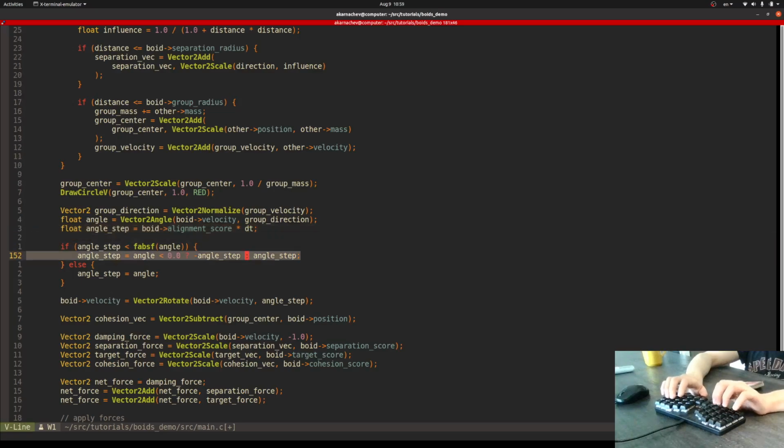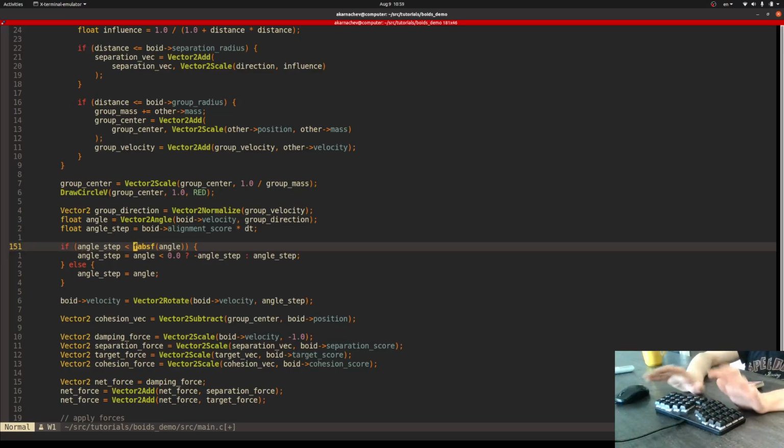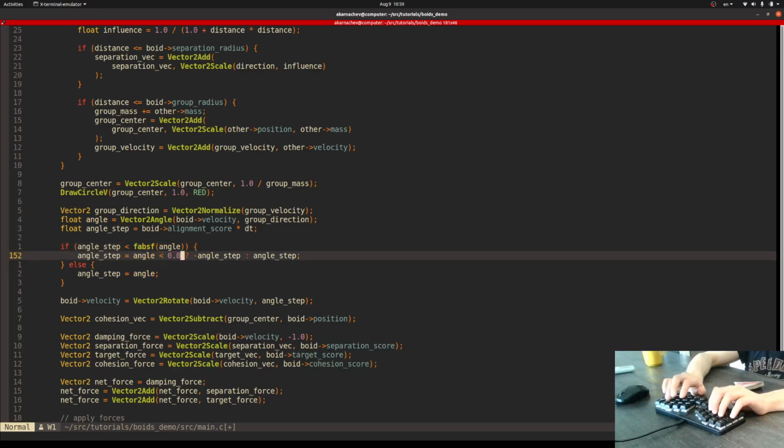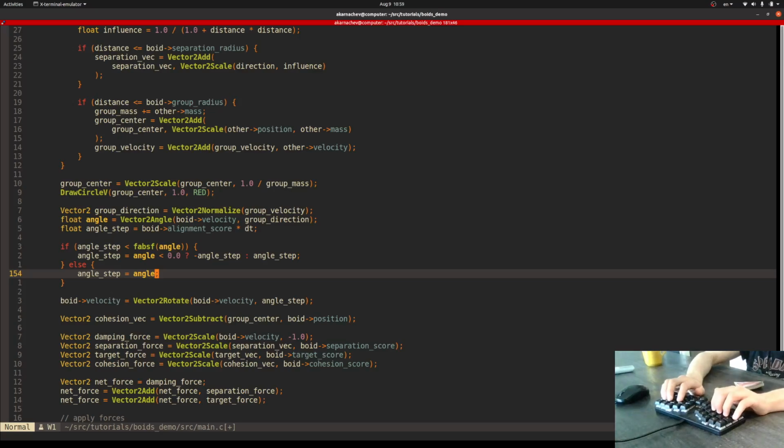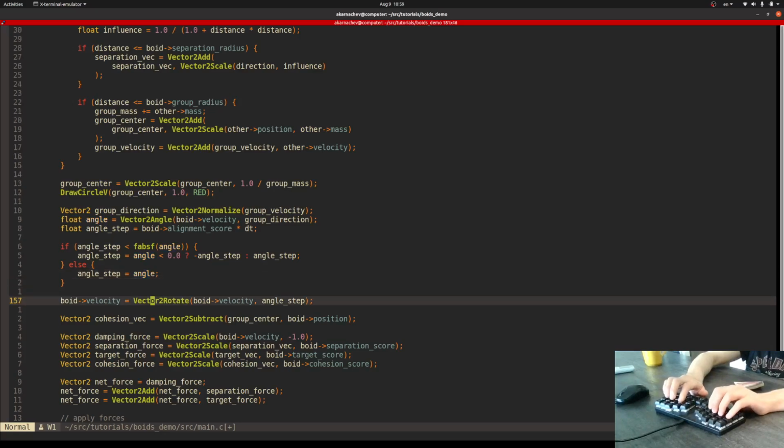Then I compute angle step. If my step is less than angle, if angle is less than 0, I take negative angle step, otherwise simple positive angle step. And if angle step is greater or equal than the absolute value of the angle, I simply say, okay, I can step on this angle right away. And then I rotate the velocity by the angle step.